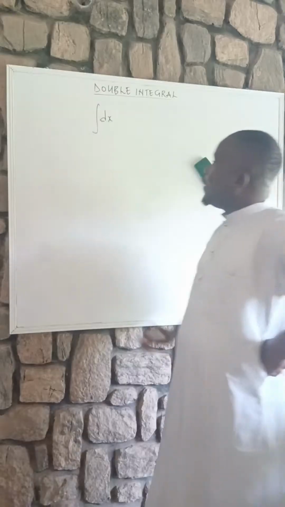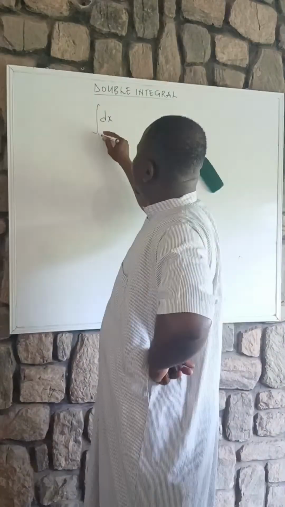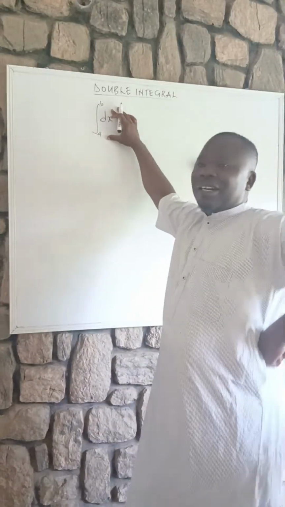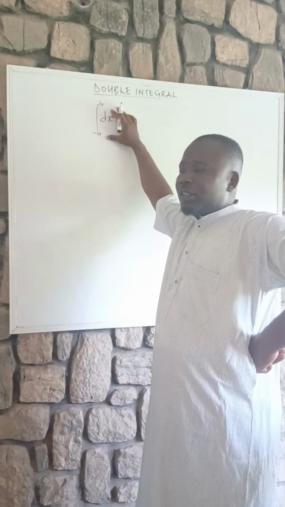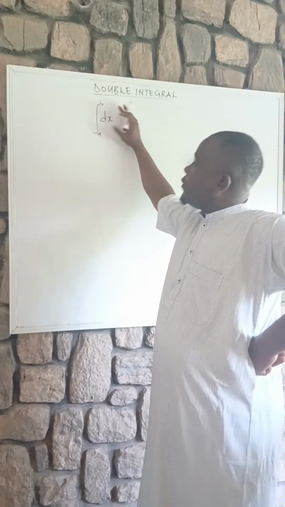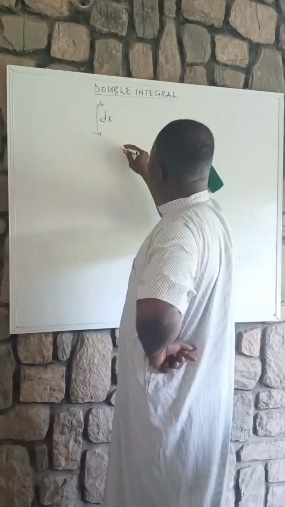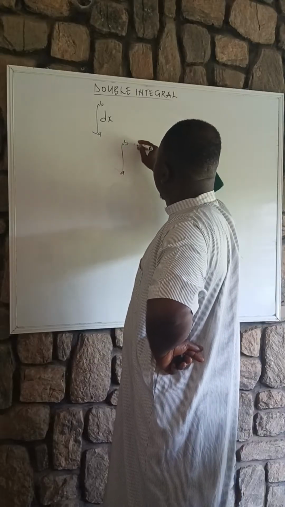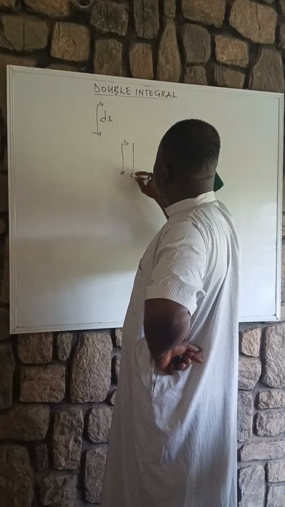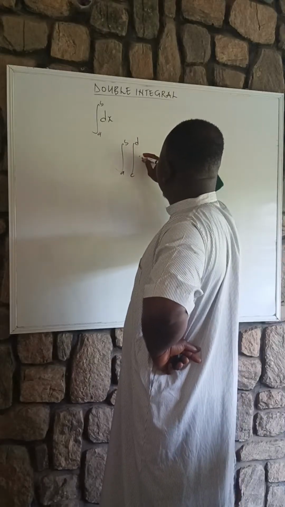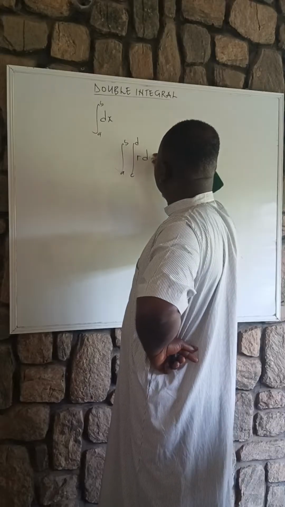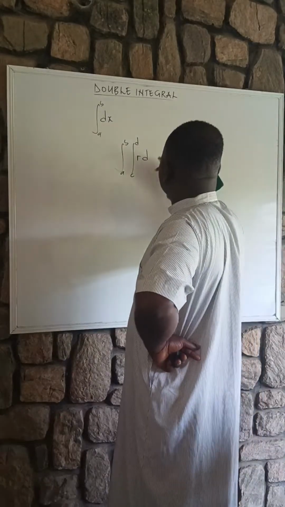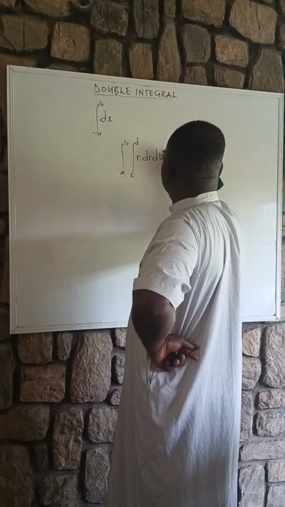Then let us assume that this one is running from A to B. So this integral, we can refer to as what? Definite integral. But by the time we have an integral running from A to B, then another integral from C to D, then we now have either dr or d theta, then times d theta.